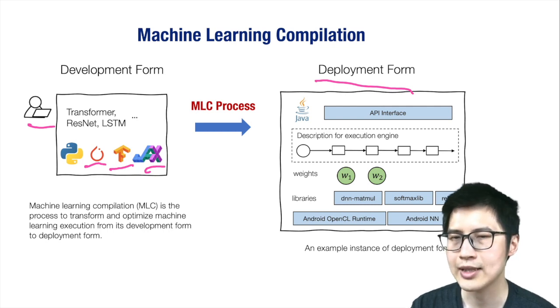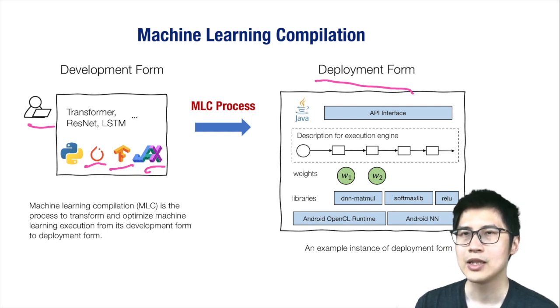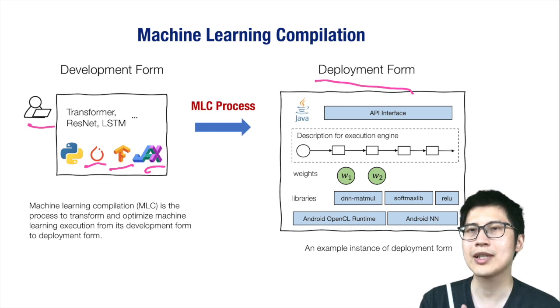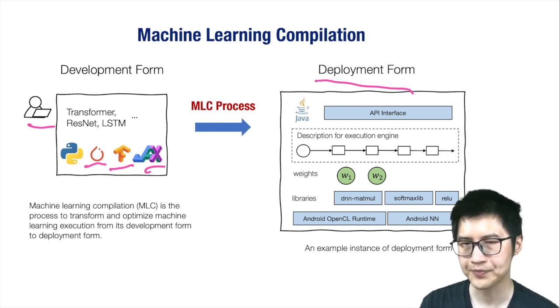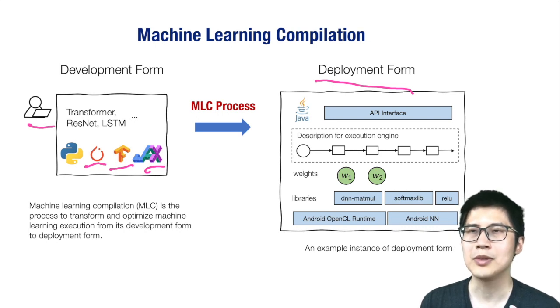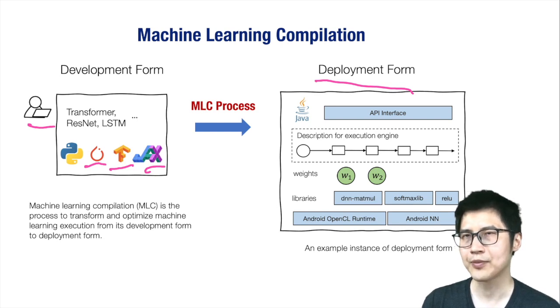In this particular case, the deployment form refers to everything that we need to be able to deploy that particular machine learning execution. For example, on this right hand side, here's a specific example of how we can take one model from its development form and put that on an Android device.